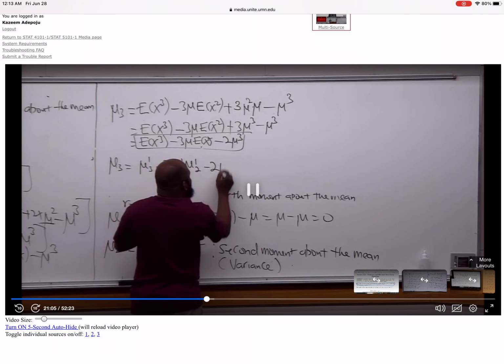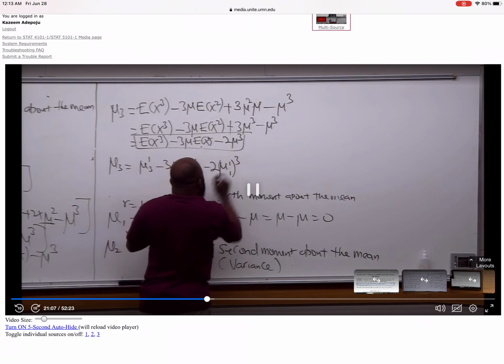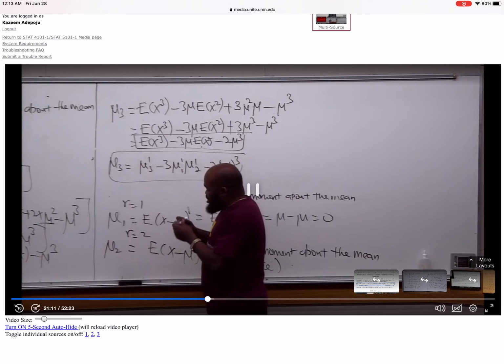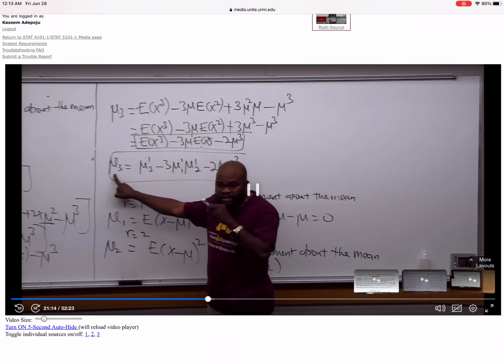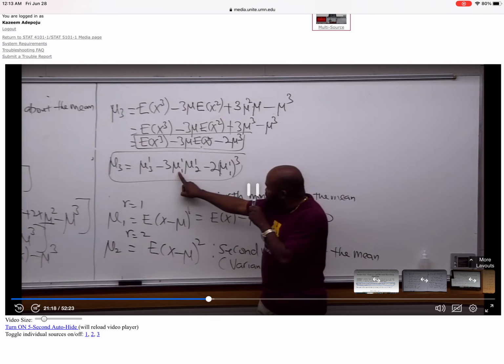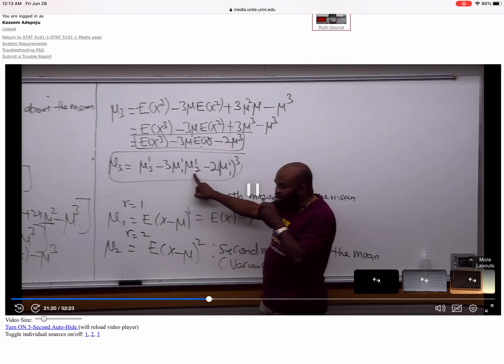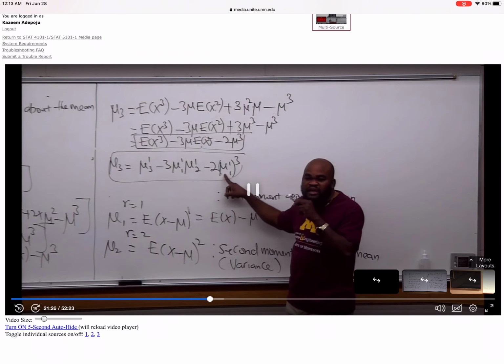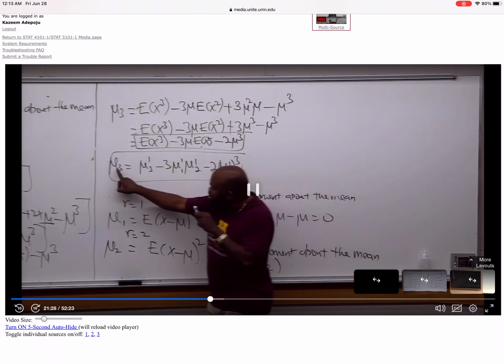Now, what am I trying to say here? The third moment about the mean can be written in terms of the moments about the origin: the first moment about the origin, the second moment about the origin, then minus 2 times the cube of the first moment about the origin. So the moment about the mean is written in terms of moments about the origin.